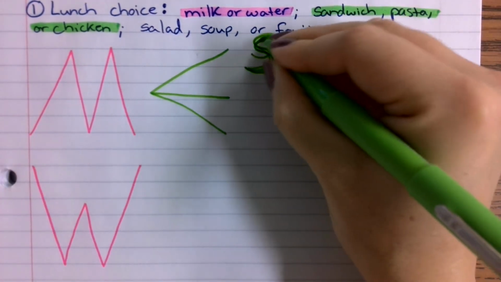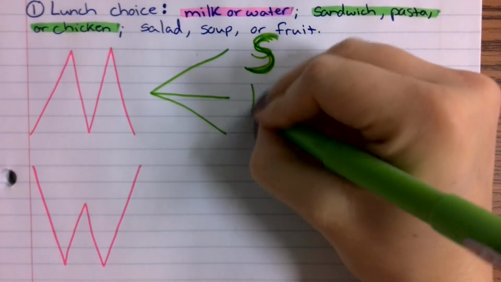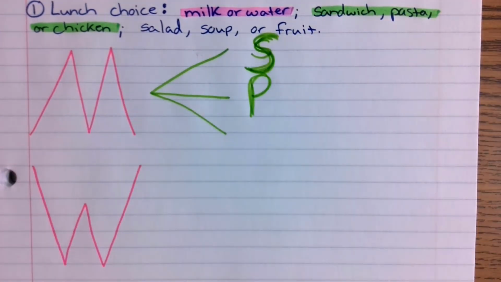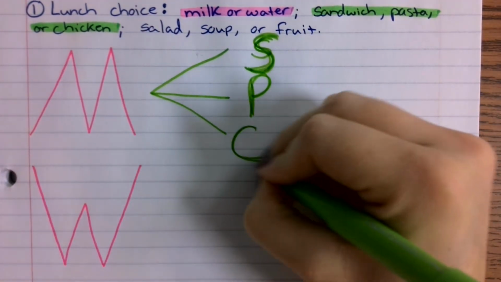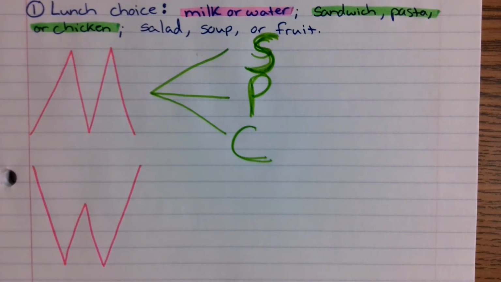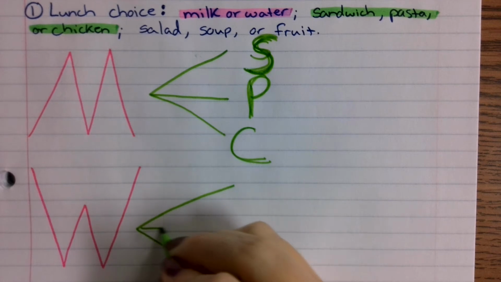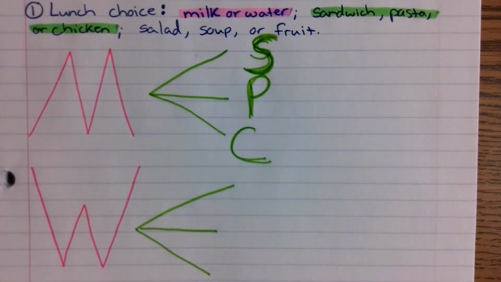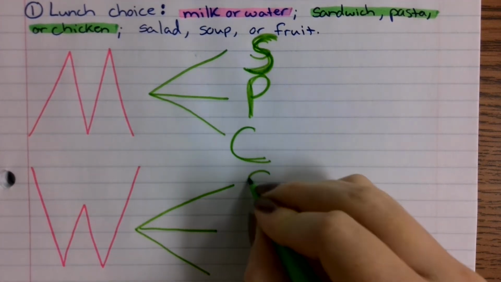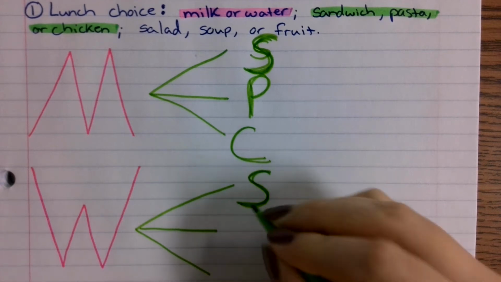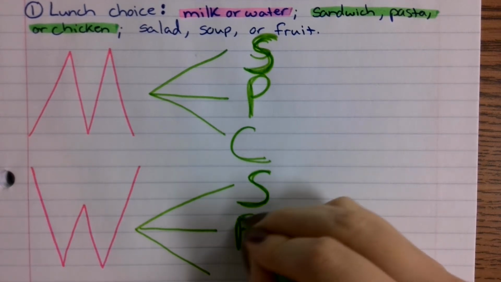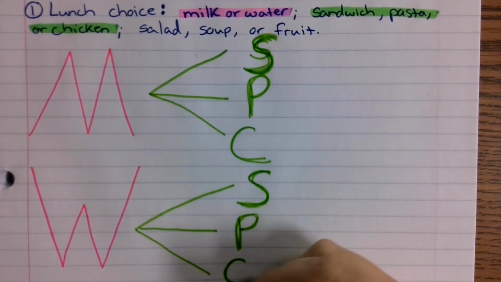I have a sandwich. I have pasta. I have chicken. Okay, but the same thing with my water. When I choose water, I also have three entrees that I can choose from. I have the sandwich. I have the pasta. And I have the chicken.